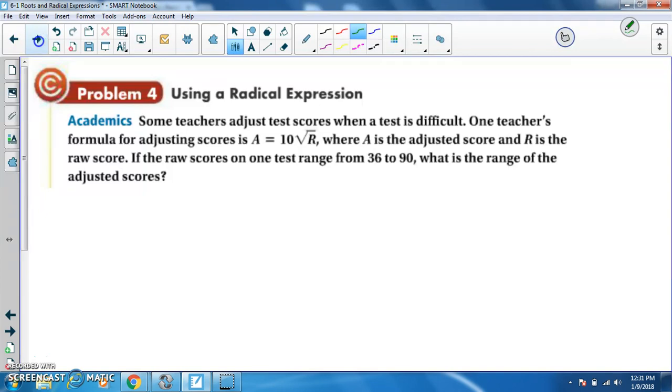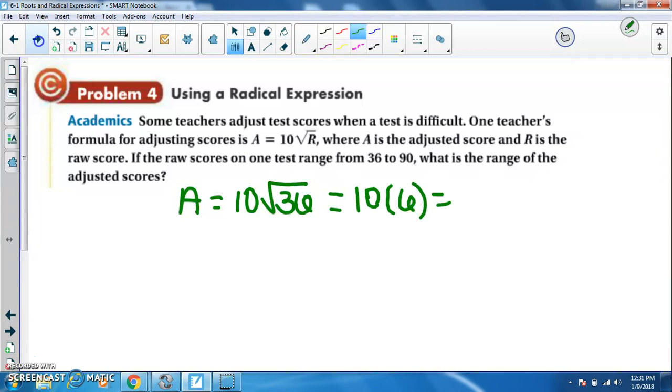So we are going to find what our adjusted score is for 36. So a is equal to 10 times the square root of 36, which is equal to 10 times 6, which is 60. Then we have our adjusted score for the highest part of our test range, which is 90.